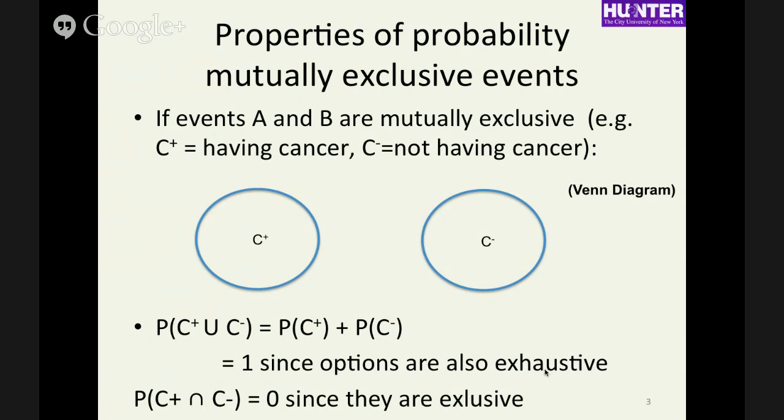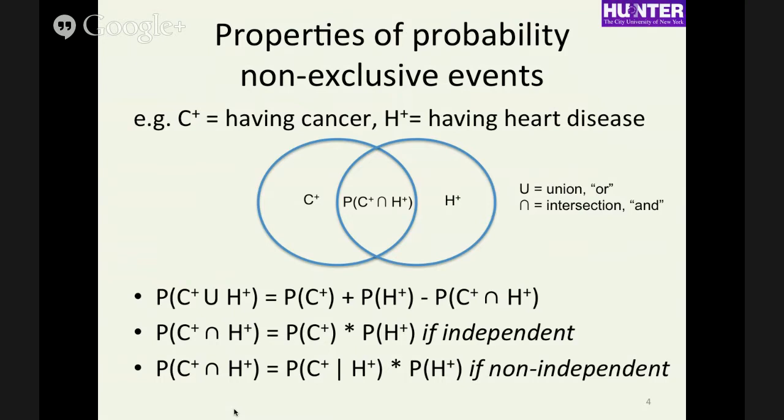And the exclusiveness can be written by this bottom notation, that the intersection of having cancer and simultaneously not having cancer is 0. The probability of that is 0. So exhaustivity and exclusivity. Yes?